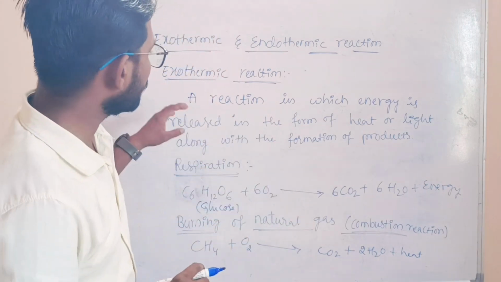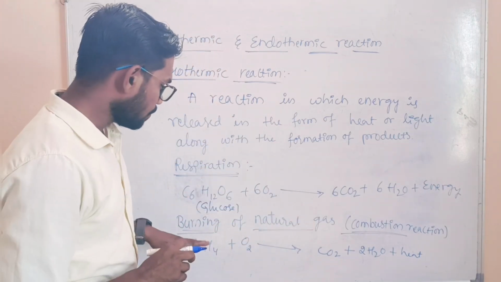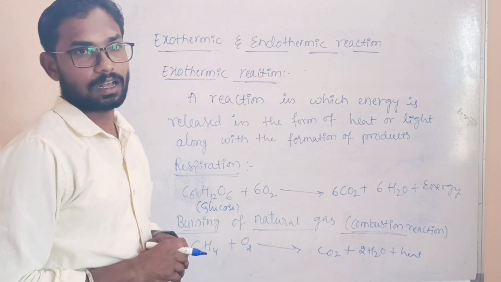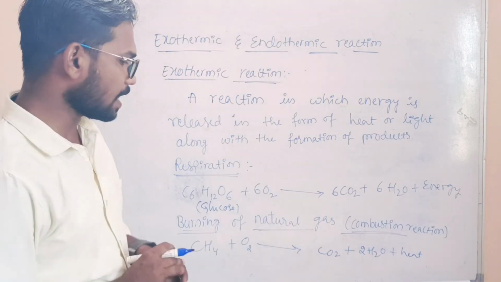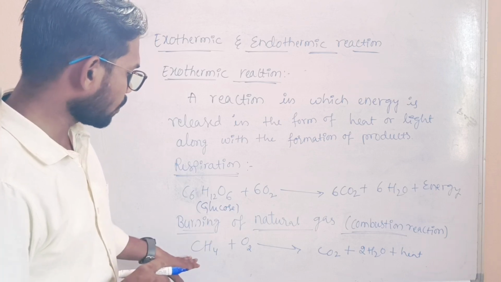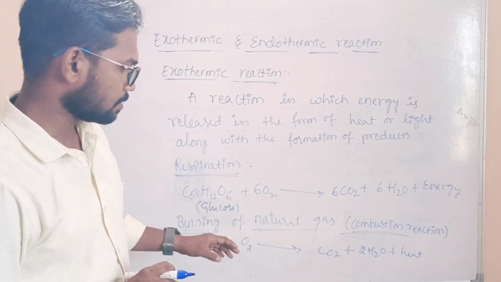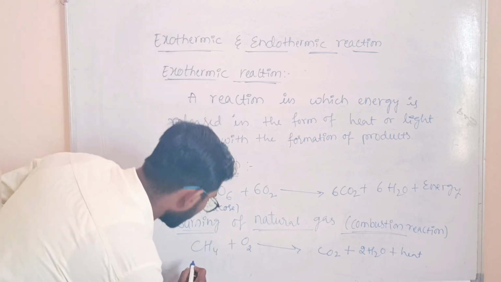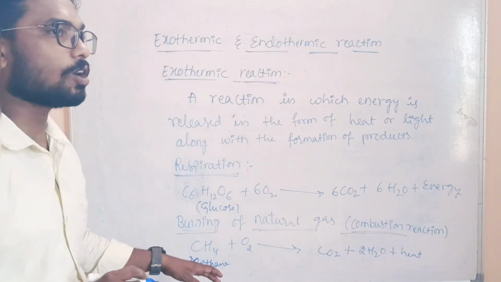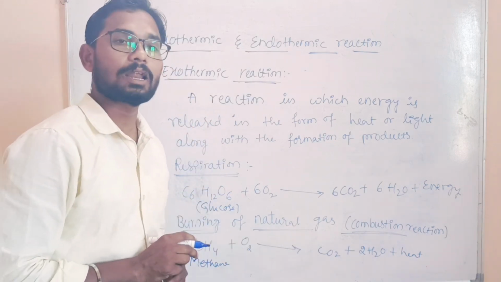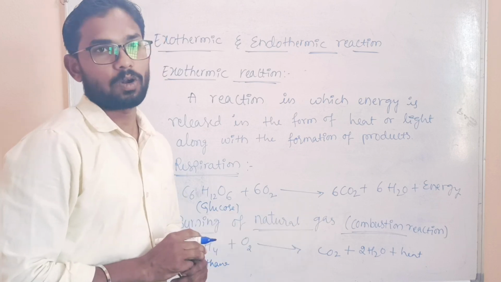And another example of this exothermic reaction is that burning of natural gas. Also we can call it as combustion reaction. That burning of natural gas is nothing but when you are going to burn the methane gas. So CH4 is nothing but it is a methane is going to react with the oxygen molecule to form carbon dioxide and water molecule.